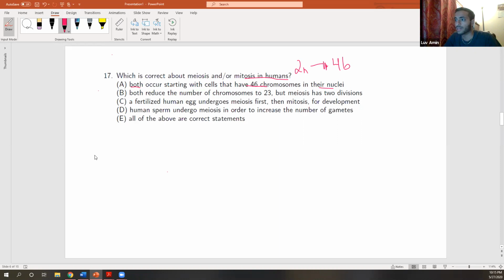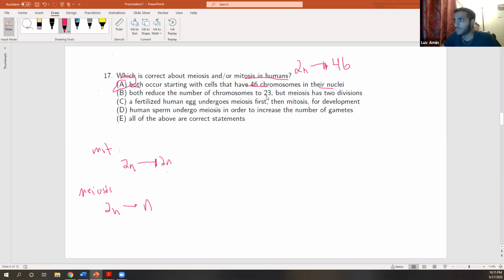And we know that in mitosis we're going from 2N to 2N, and in meiosis we're going from 2N to N. So if you think about it in humans, either way, we're going to start with 46 chromosomes, right? So our answer in this case is A, but let's go through the other ones as well.